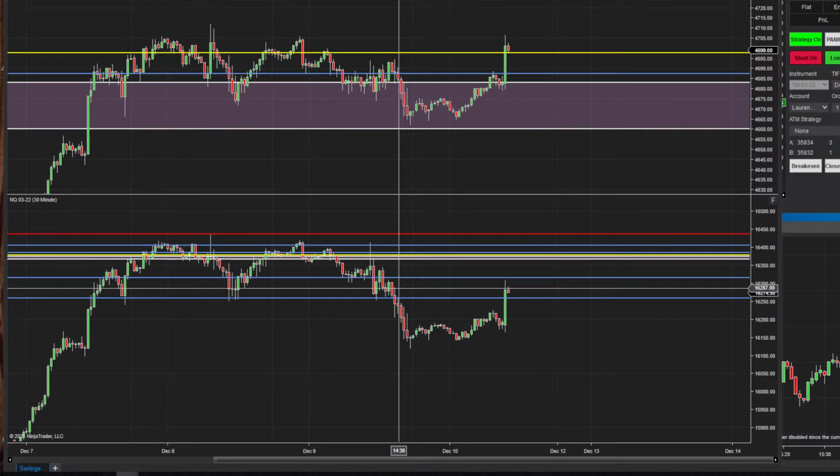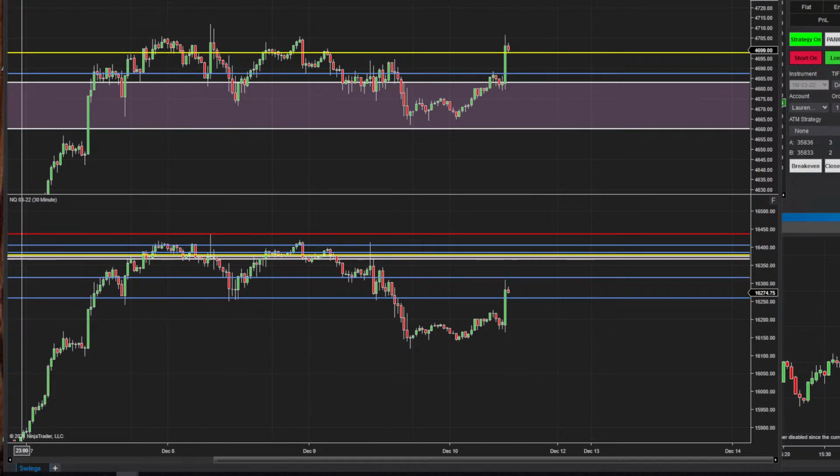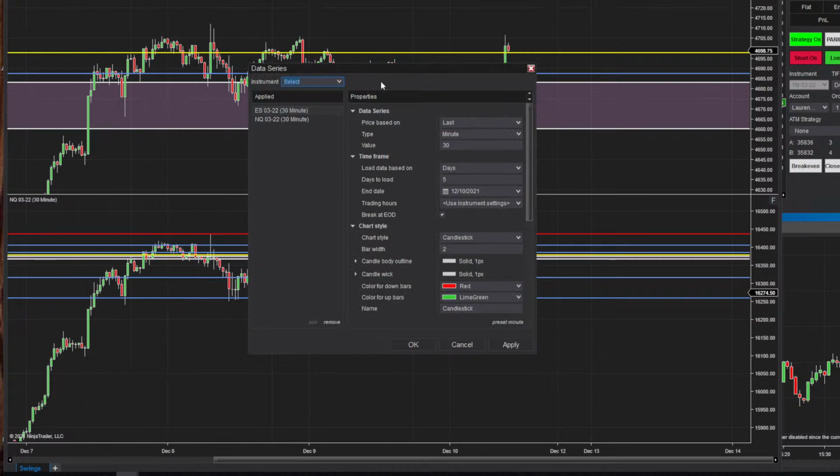At least this only happens every NQ H22. See these charts, it says they're on 322, but I don't think they're actually on 322. Oh, I wonder if I could go to data series.